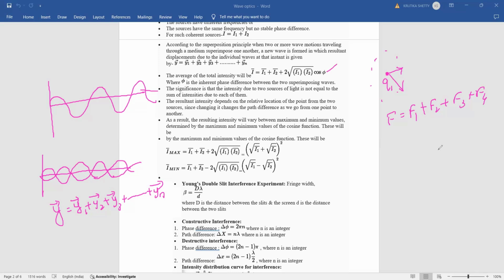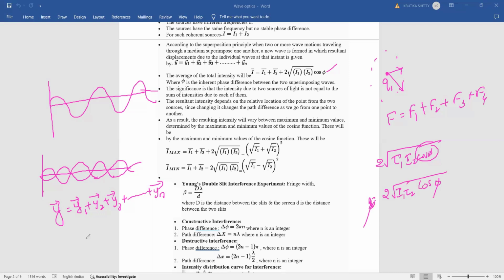Only I1 into I2 is under the root. If you take it inside the root, the sum will go wrong. So the average intensity is given by I1 plus I2 plus 2 root of I1 into I2 into cos of phi.